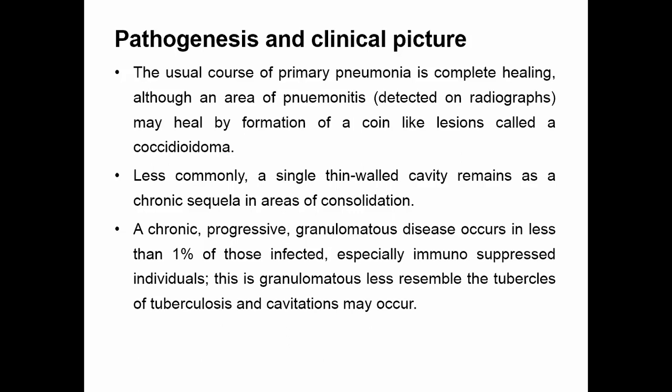So whenever a single thin-walled cavity happens, you always observe a cavity near the tissues. Further, it is followed by chronic sequelae in the areas of consolidation. That's how we usually find that the particular patient has been infected with the immitis strain.